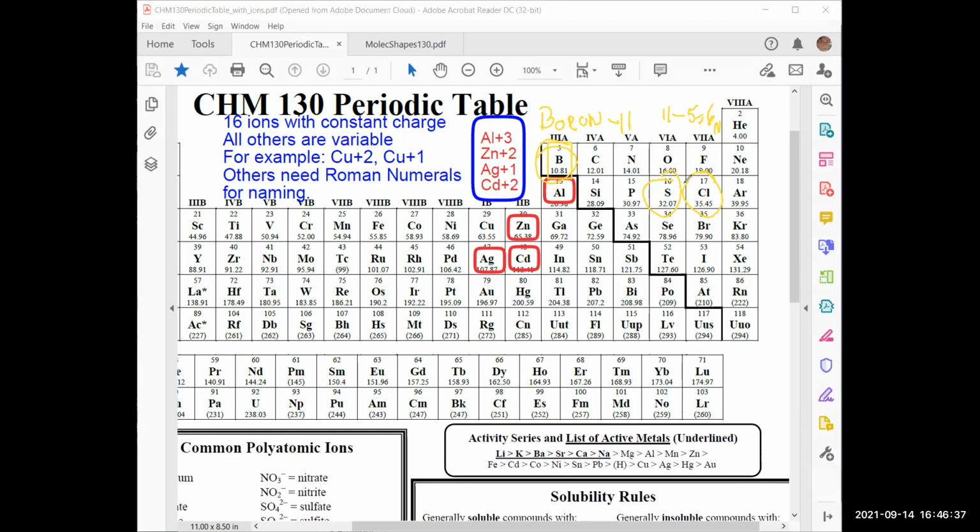Give me what we just talked about. 35. You got it. And how many neutrons would it have? 18. You got it. Exactly. So the most abundant isotope is chlorine 35. Take that 35, subtract 17, you got 18. So chlorine 35 has 17 protons, 17 electrons, and 18 neutrons.